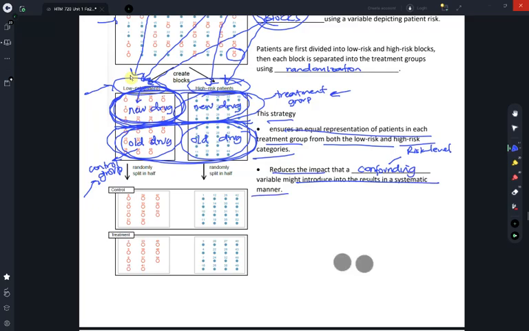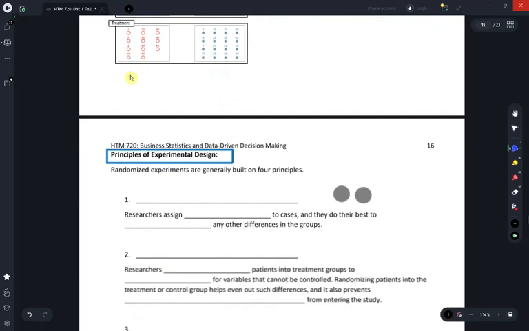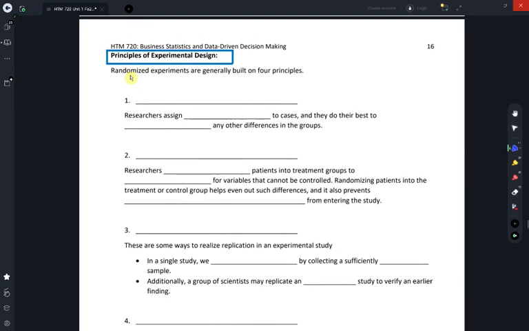All right. So, with that said, that takes us to what makes a very good experimental design. There are four principles. One, the first step would be to exercise serious control in the way that researchers assign treatments to the different patients or cases.